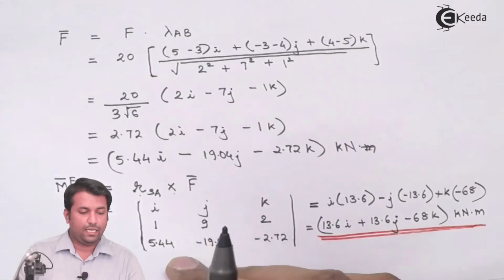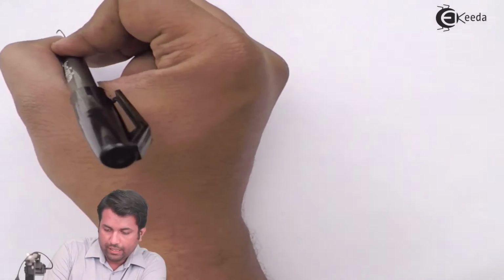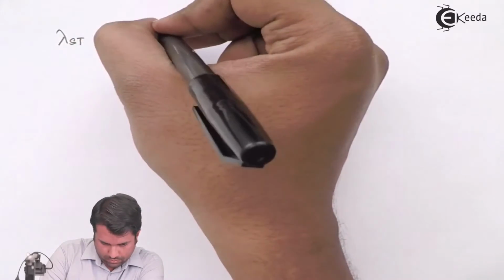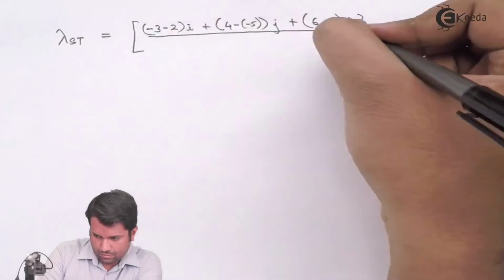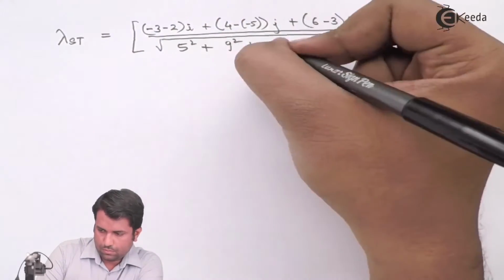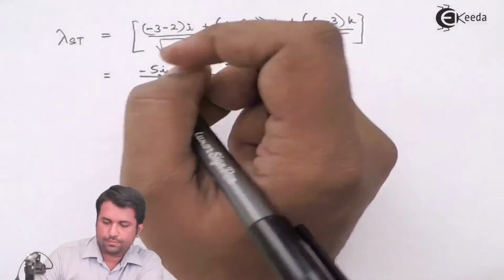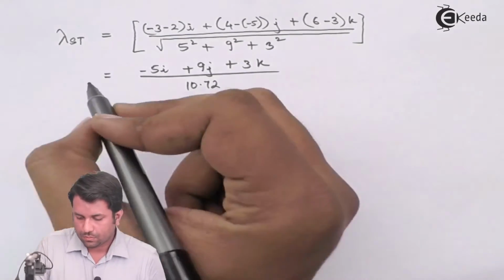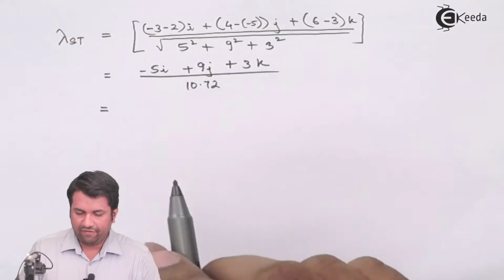Unit vector of line ST, that will be lambda ST. I have got the unit vector for ST. I'll just simplify this further.